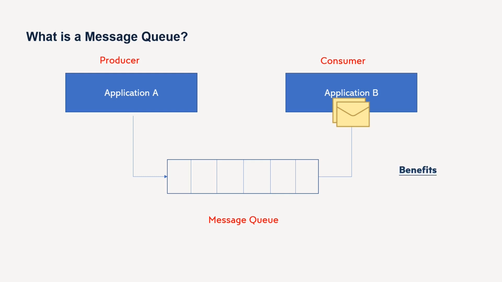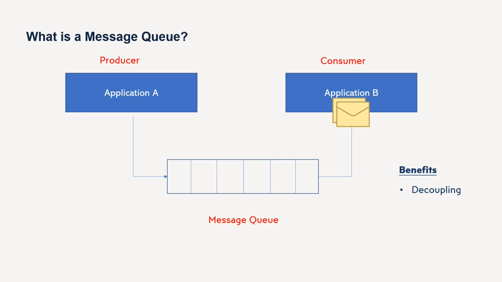There are some very good benefits when we are using message queues, like decoupling. Suppose you wanted to use a REST API between app A and app B. There might be some kind of tight coupling because you have to share the contract and everything. But when you are using message queues, systems are decoupled.